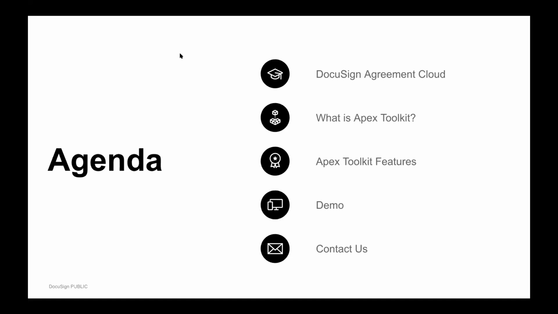Then we'll be diving into the Apex Toolkit features, what's been around and what's new. Then finally, we'll be providing a demo of some of the new features for Apex Toolkit. In general, we'll be answering questions throughout this webinar, but at the end, we'll answer any remaining questions and also provide some useful information for more of our upcoming webinars and developer resources.